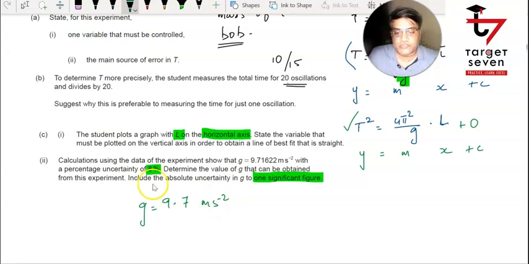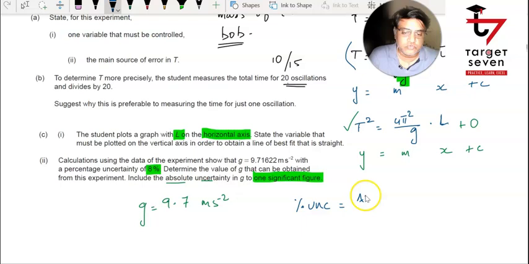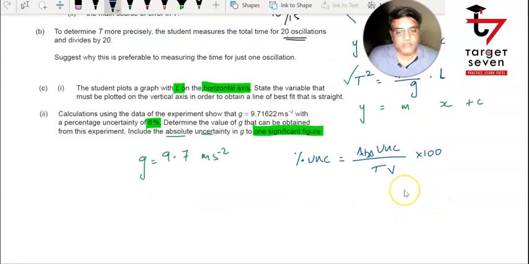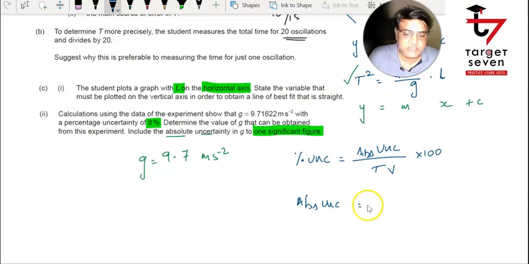Now with regards to the absolute uncertainty, we already have the equation with us. Percentage uncertainty is equal to absolute uncertainty divided by the true value into 100, which indicates that the absolute uncertainty is equal to percentage uncertainty into true value upon 100.